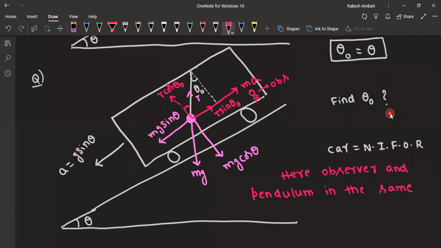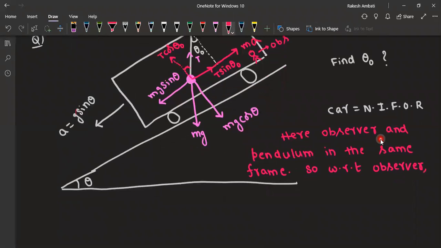With respect to the observer, the pendulum is at rest.